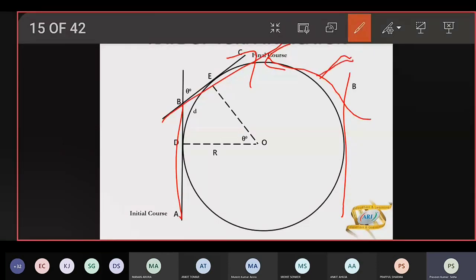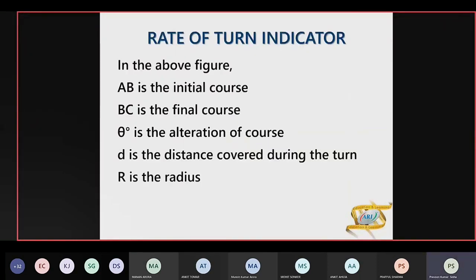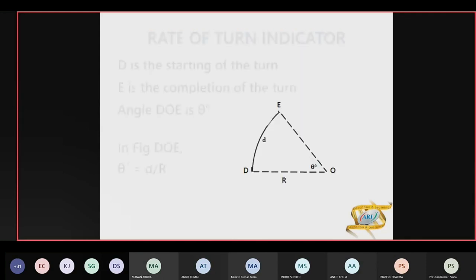So alteration will be this much theta. Next, the derivation part.